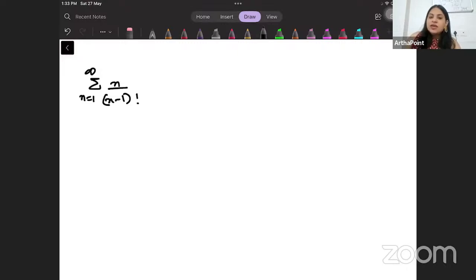Watch carefully. Can I write n in the numerator by adding and subtracting 1 from it? I can. So I can rewrite this as n plus 1 minus 1 upon n minus 1 factorial, summed up from n equal to 1 to infinity.